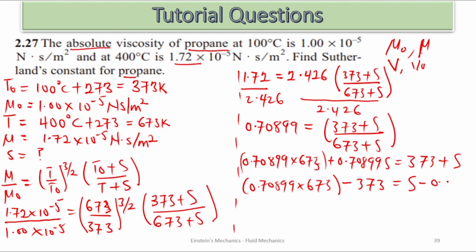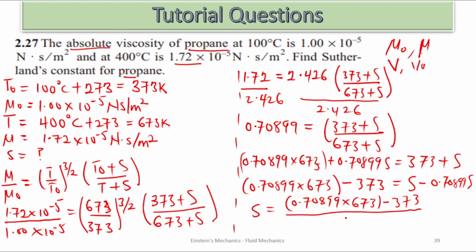minus 0.70899 S. How do we go? So you can factor S out. Therefore, our S will be equal to 0.70899 multiplying 673 minus 373, everything on 1 minus 0.70899.